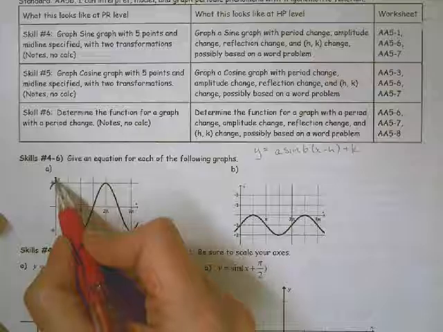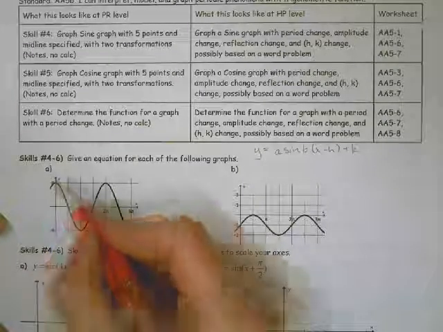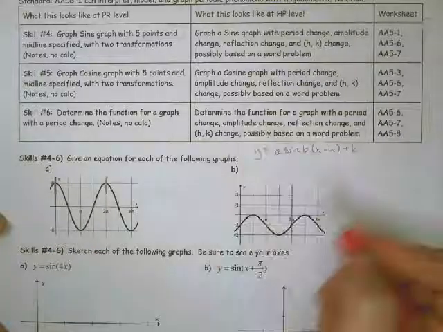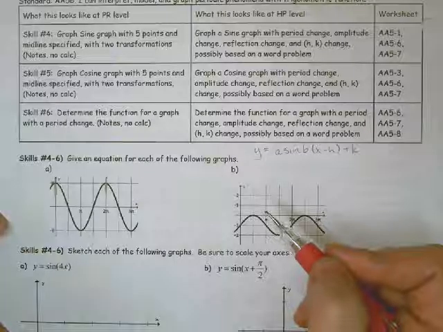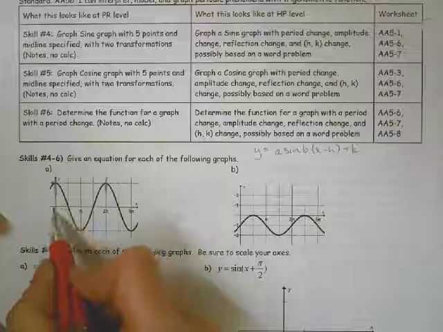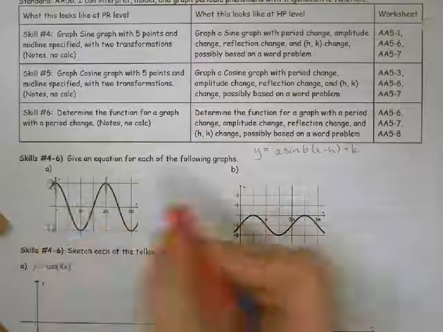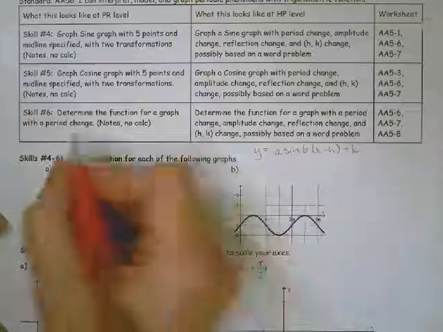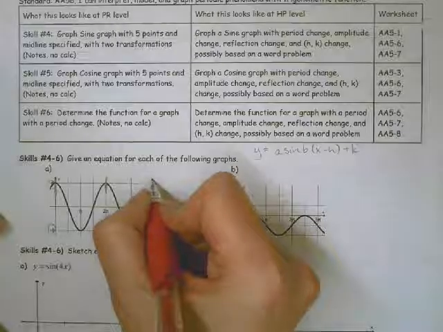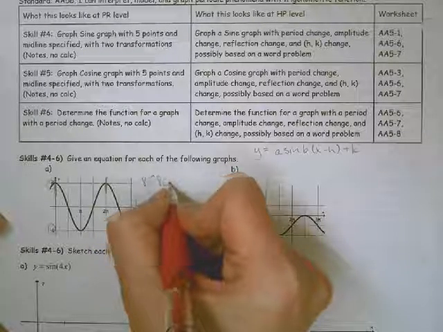If I decided I was going to go from here to here, that's going to be a cosine graph. If you see the sides, the scale here is 8. Amplitude is 8, so I could call that 8 cosine of x.